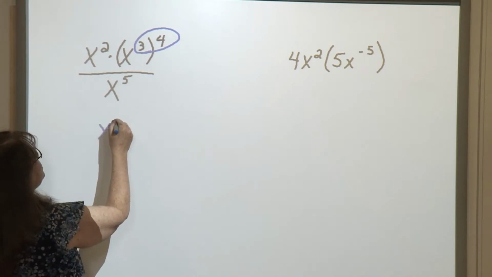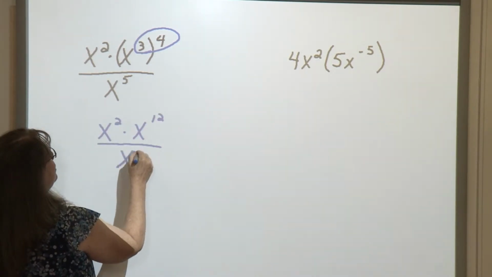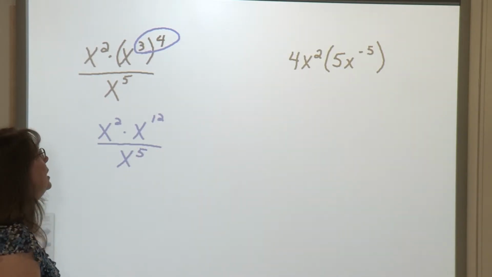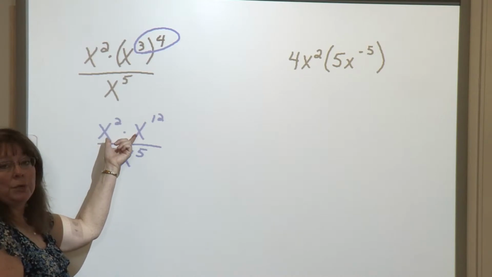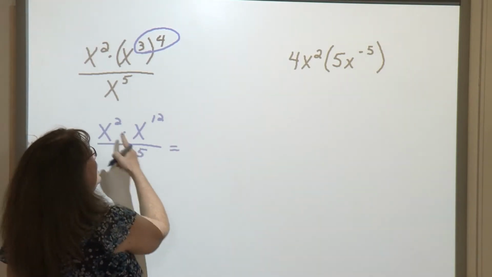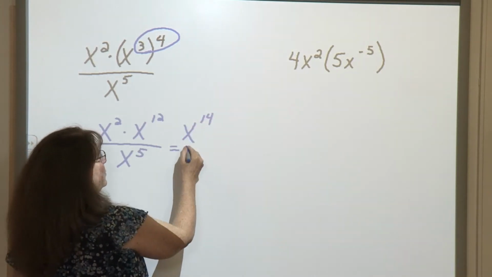So I end up with x squared times x to the 12th over x to the 5th. I'm going to use the product rule because I have 2 bases multiplied together. And I'll want to go ahead and add my exponents. 2 plus 12 will give me 14.